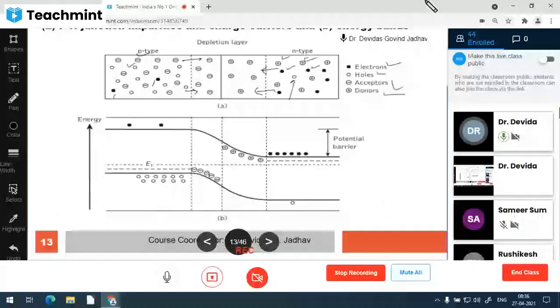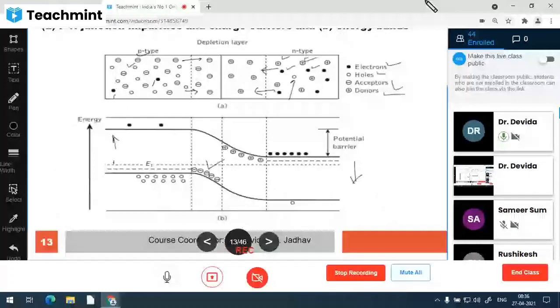In an energy diagram, if you see, the energy levels are shifted in one direction in p-type and in the other direction in n-type due to doping, and the Fermi energy level, when not biased, is straight as shown, at an equal average energy level.